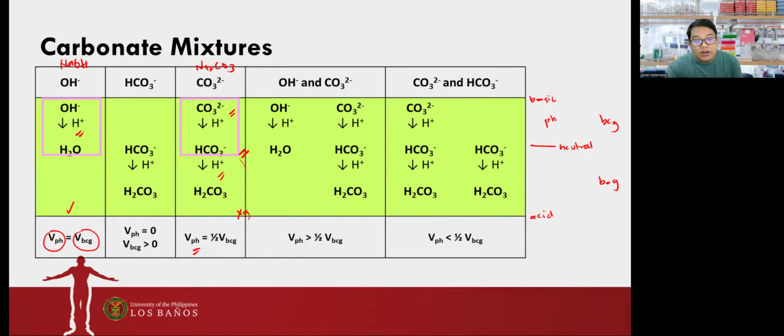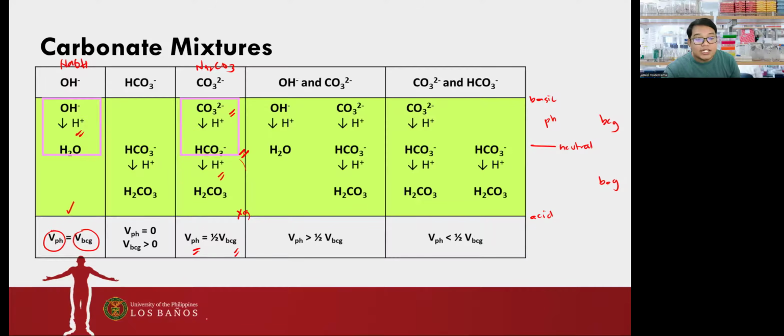And that yellow-green color is indicated by the endpoint of the titration using bromcresol green. So ngayon, if the relationship of the volume of VPH and VBCG is as shown here, VPH is equal to half VBCG, ibig sabihin, sodium carbonate yung meron tayo dun sa sample natin.